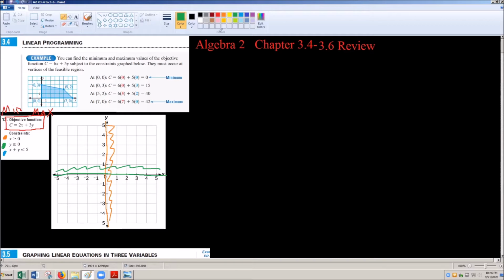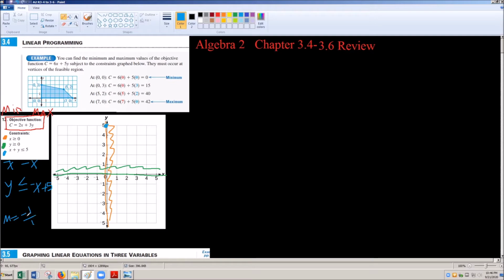For the last one here, I might want to change the way it looks a little bit. So maybe I want to subtract x off both sides. So if I subtract x off, I get y is less than or equal to negative x plus 5. So let me just erase that for my own OCD. And now as I look at this, I'm saying, okay, well, I start at 5, 1, 2, 3, 4, 5, put a little point there. My slope is negative 1. If m equals negative 1, this means I can do one of two things.